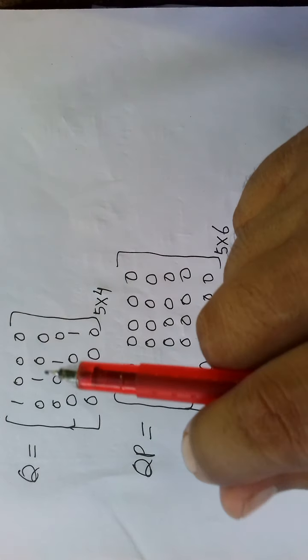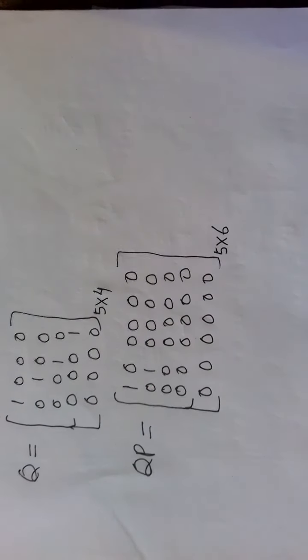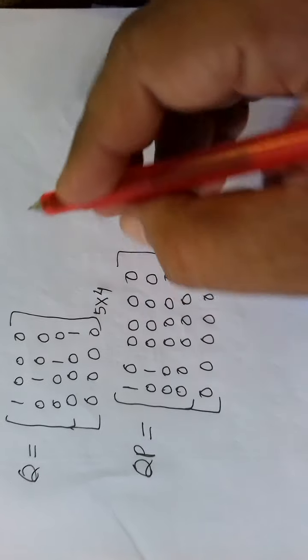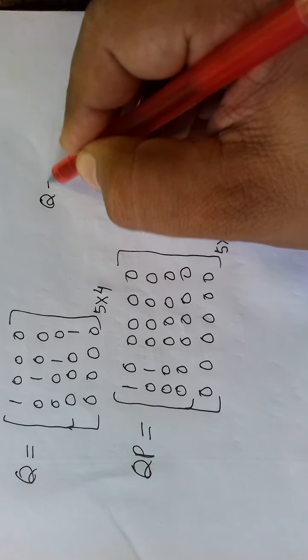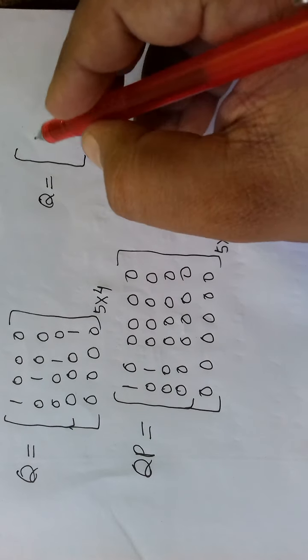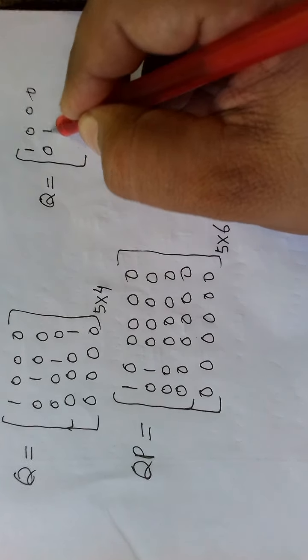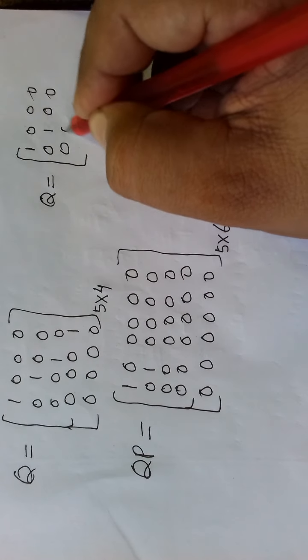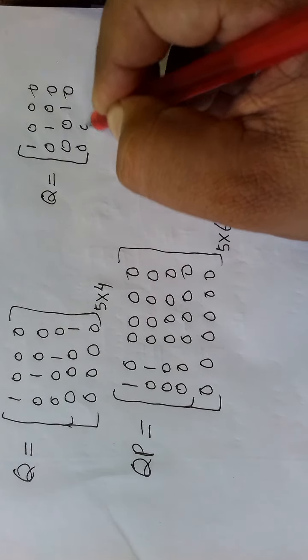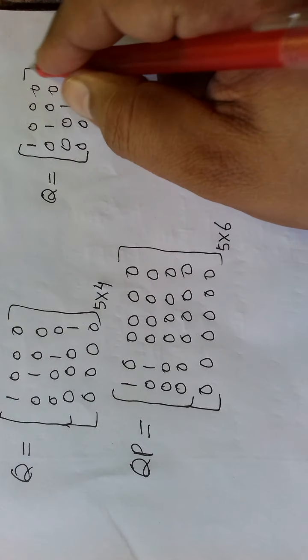So because we are interested only in ranks, for this matrix we can take 1 0 0 0 0 1 0 0 0 0 1 0 0 0 0 1.